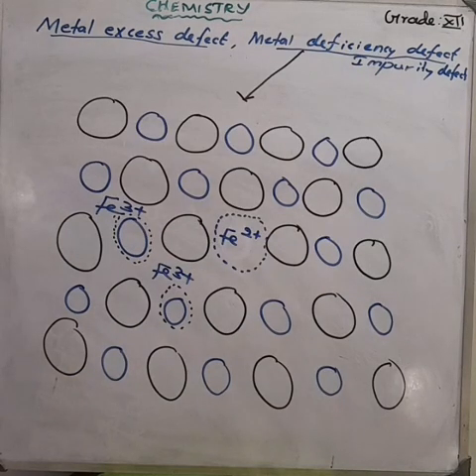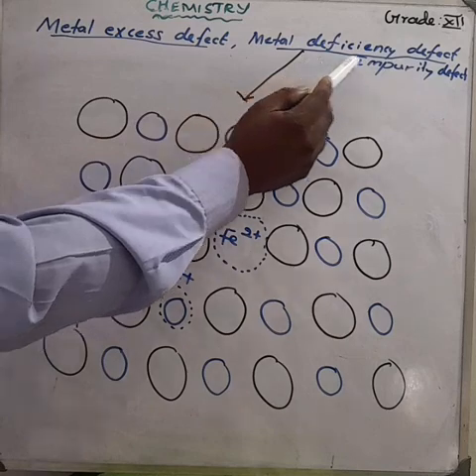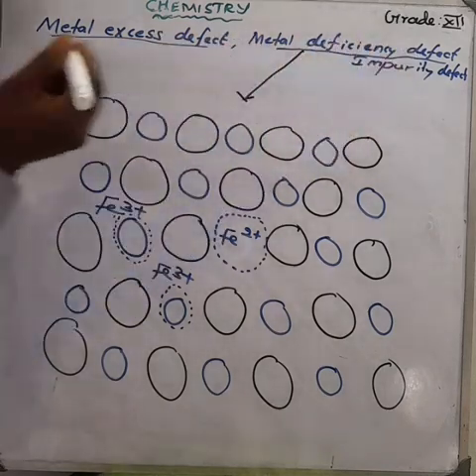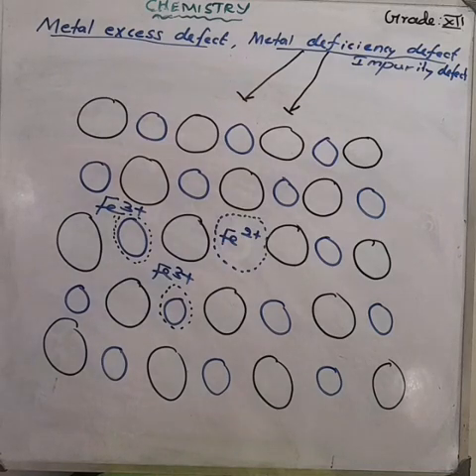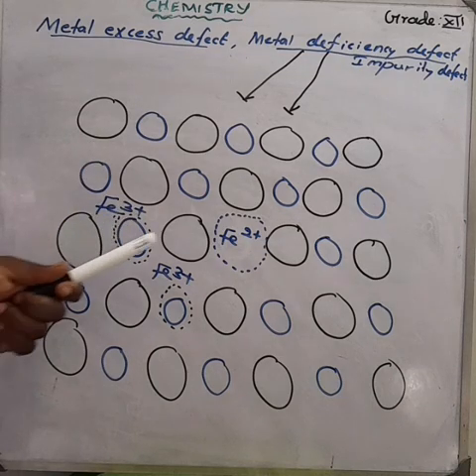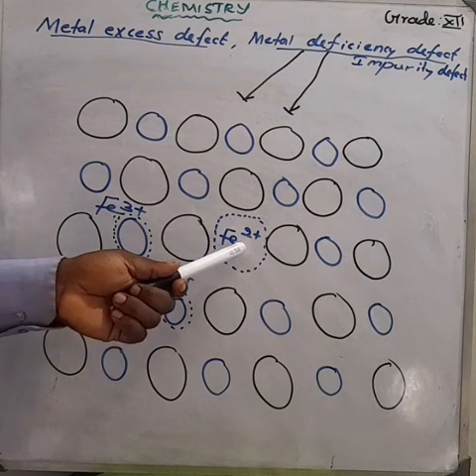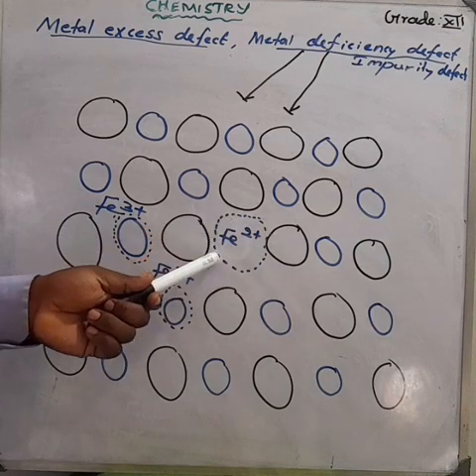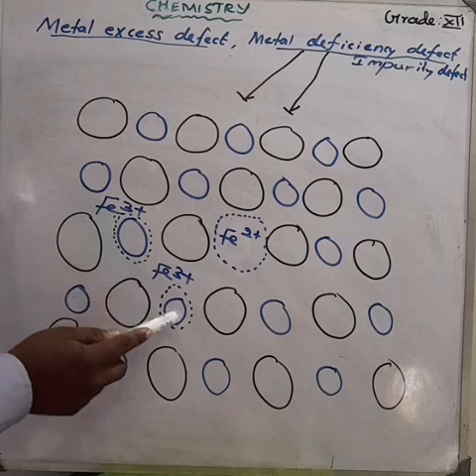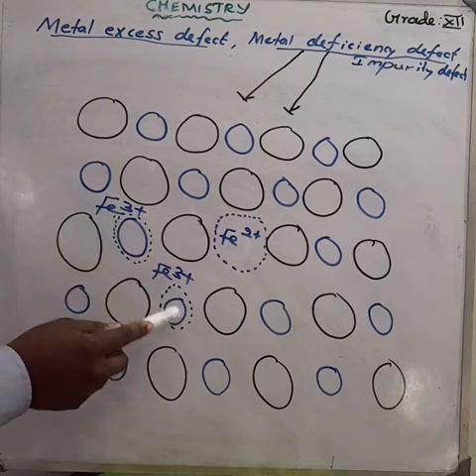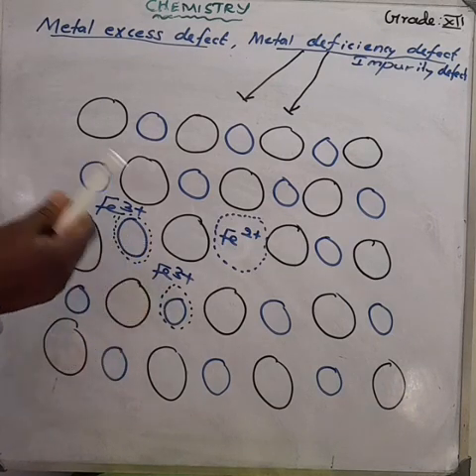Next we will discuss the metal deficiency defect. What is the metal deficiency defect? Please look at the diagram. Here one of the Fe2 plus ions is missing. So twice the number of other Fe2 plus ions in the crystal is oxidized to Fe3 plus ions.